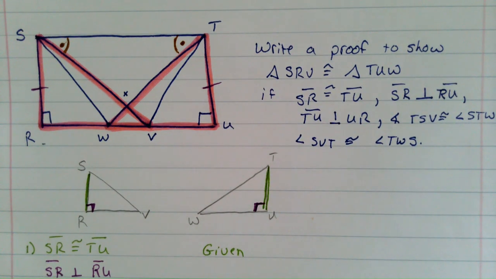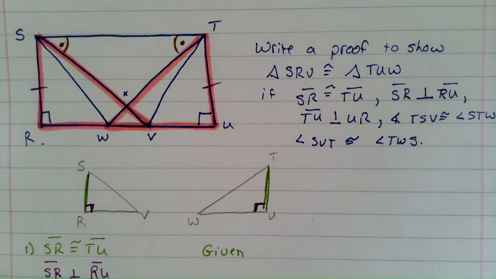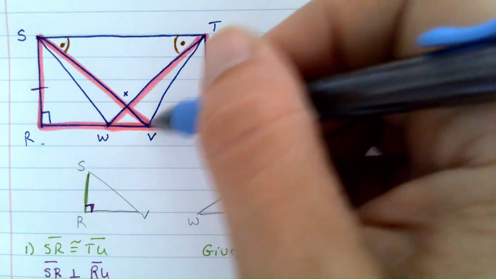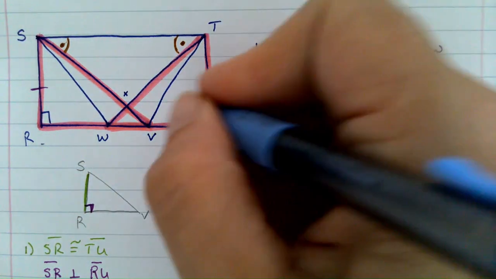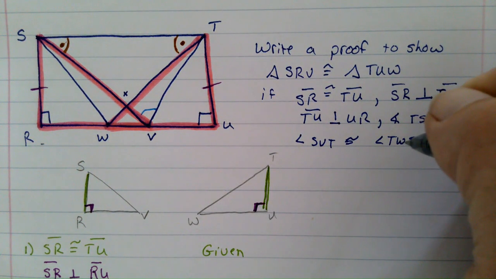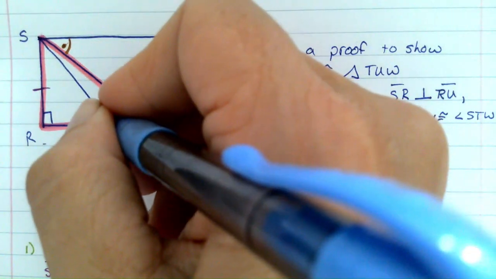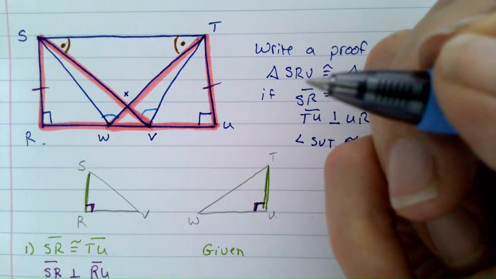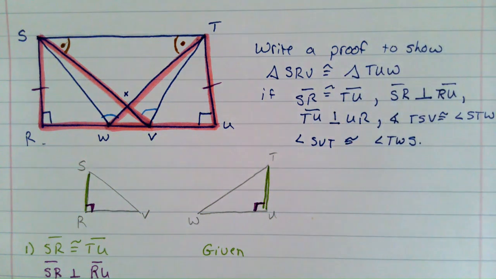And SVT. Let me find another color here. SVT is congruent to TWS. TWS. Okay.